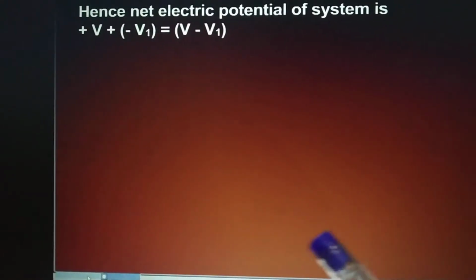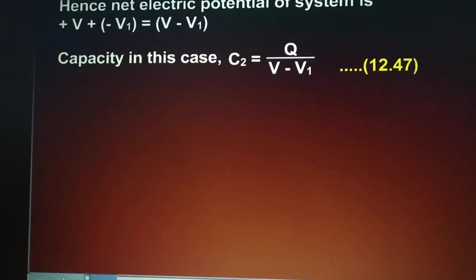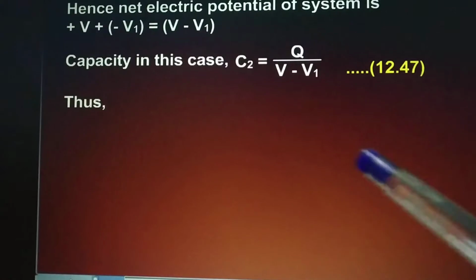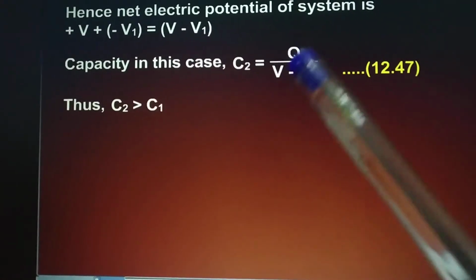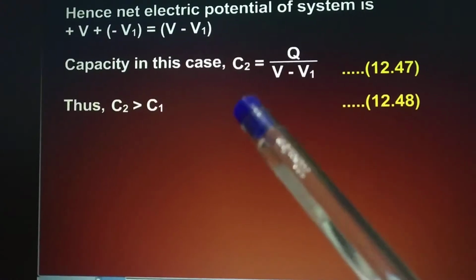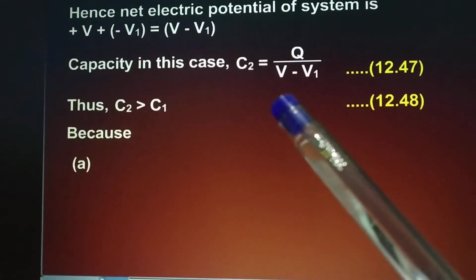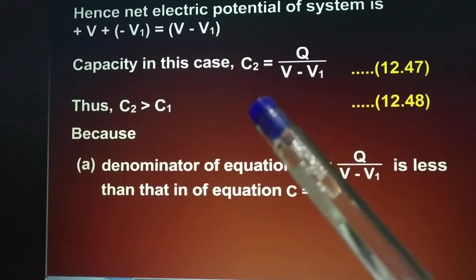Hence the net electric potential of the system is V plus minus V1, equal to V minus V1. So the capacity in this case, C2, is equal to Q upon V minus V1, because we know that C is equal to Q upon V.